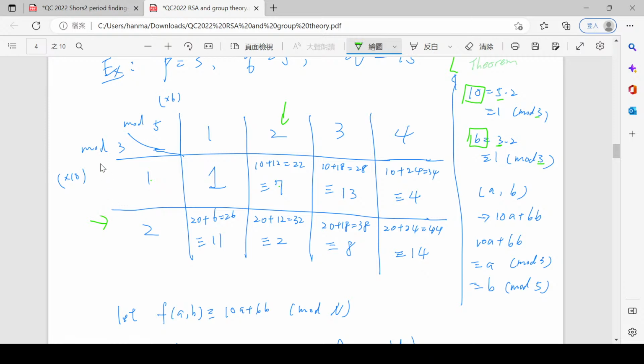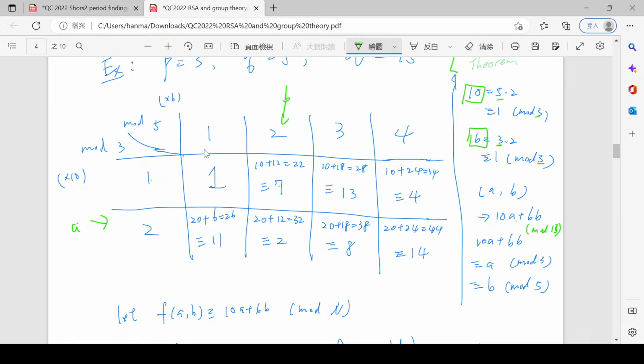Let's say this is A and this is B. If you want to find the (A, B) coordinate on this table, you can just calculate 10 times A plus 6 times B, and then obviously you need to take mod 15, because everything is mod 15.